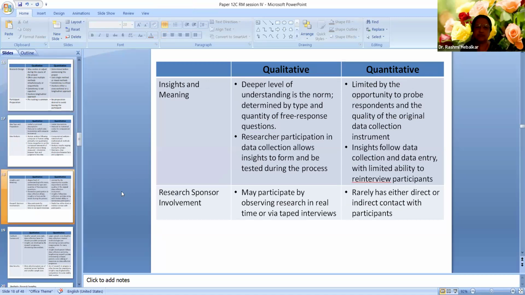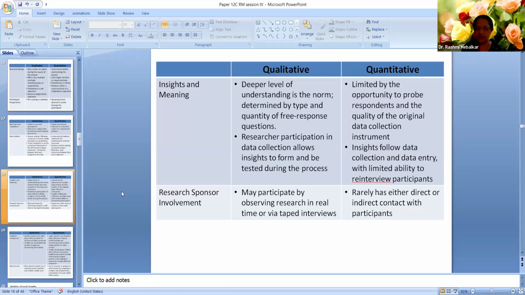So from qualitative, we get deeper insights. From quantitative, we get limited insights. When your research is sponsored, to what extent their involvement may be there?